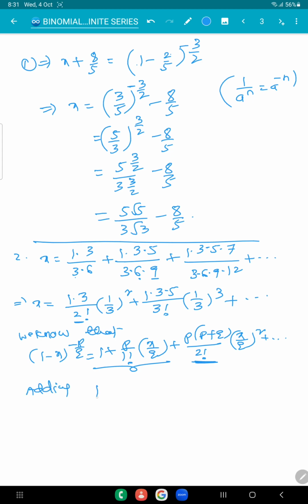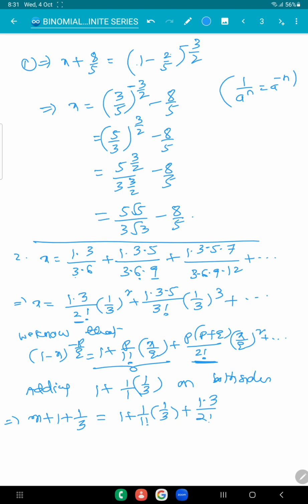Adding 1 plus 1/1 into 1/3 on both sides, what will you get, sir? x plus 1 by 3 is equal to 1 plus 1/1! into 1/3 plus (1·3)/2! into (1/3) squared plus and so on. So x plus 4/3 is equal to the right hand side by using the formula.